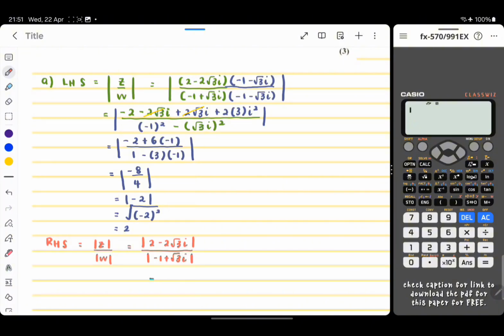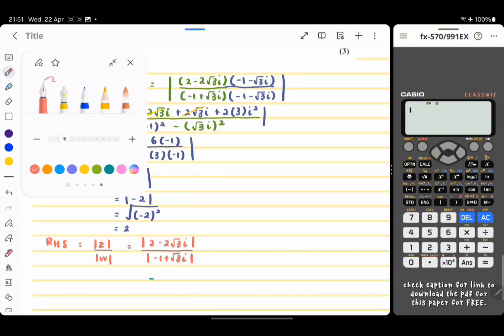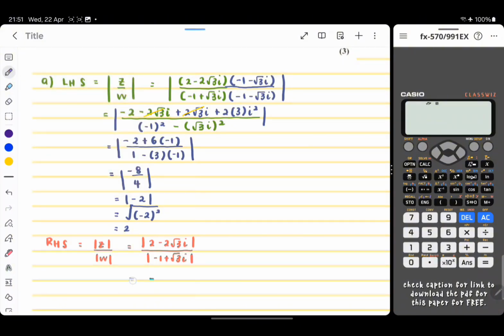Let's use the formula for modulus. For our numerator, we will get square root of 2 squared plus negative 2 root 3 squared, over square root of negative 1 squared plus root 3 squared.